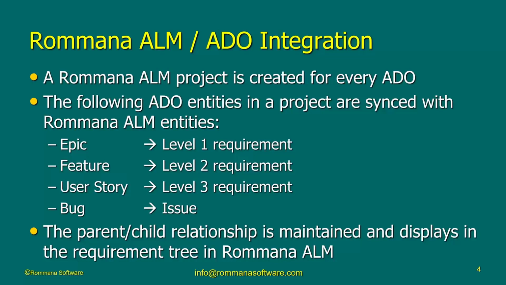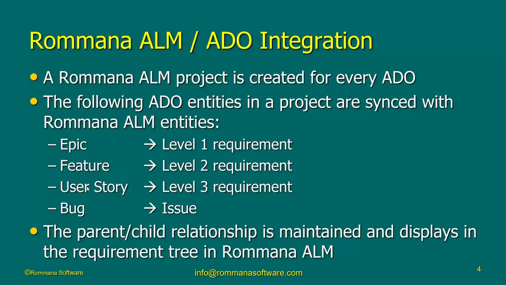So we take the epics from ADO and synchronize them as level 1 user stories or level 1 requirements. The features, which are typically below the epics, are synchronized and become level 2 user stories or requirements. I'll show you the picture in a little bit.